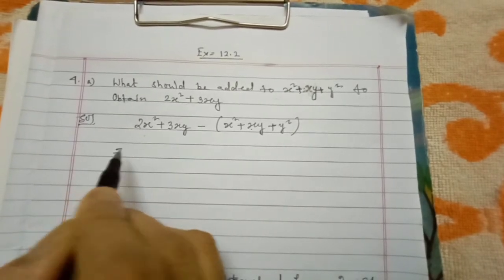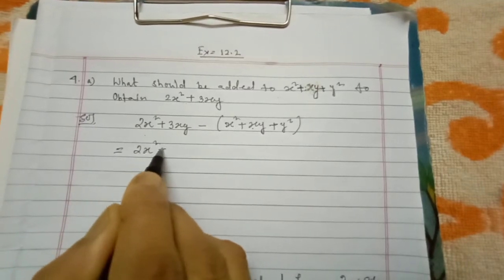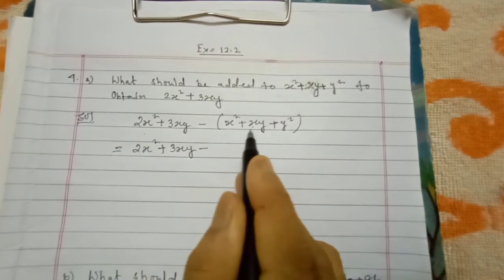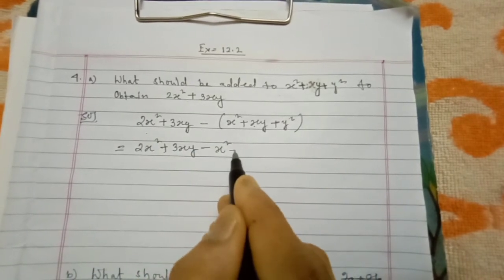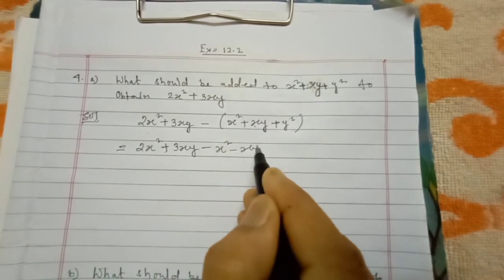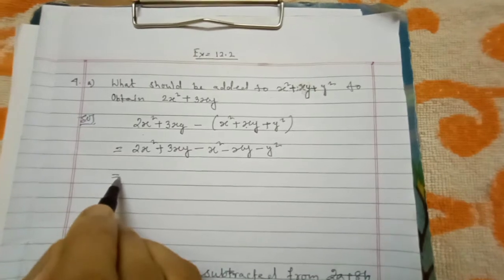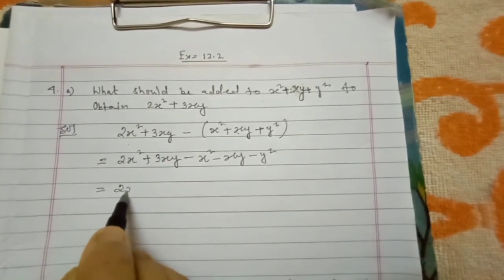Now normal subtraction you know how to do. 2x square plus 3xy minus, now you have to change all the signs as minus is outside. x square plus minus minus xy plus minus minus y square. Now you have to find the like terms and arrange.